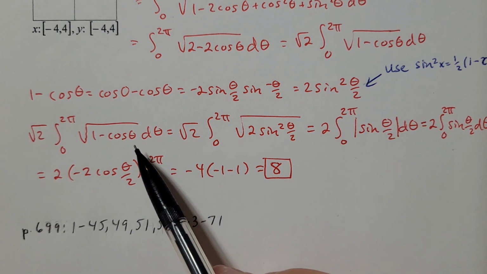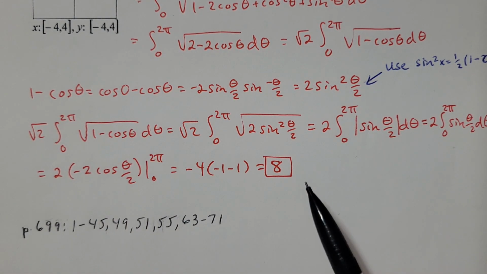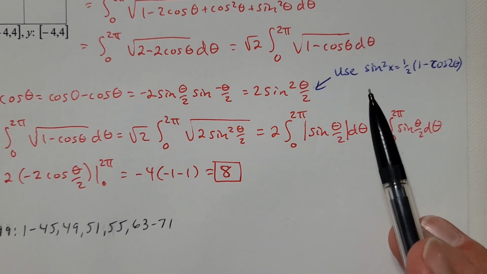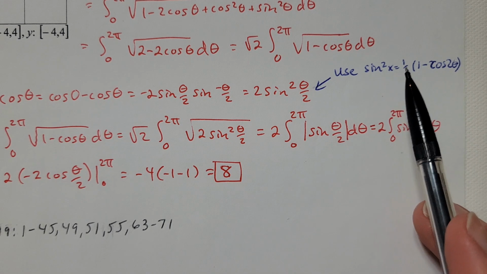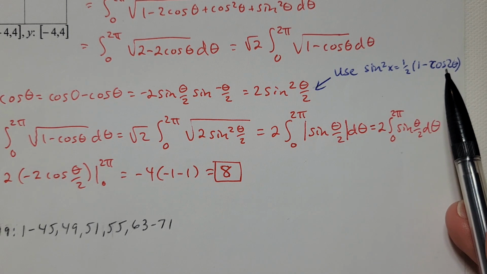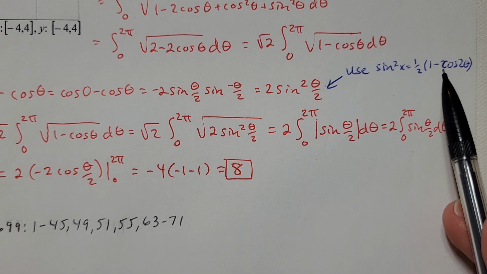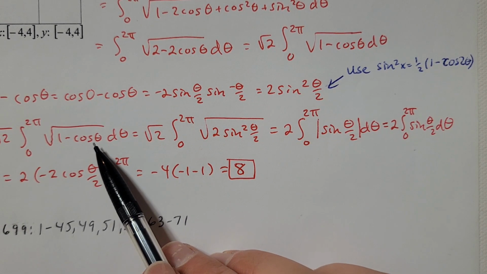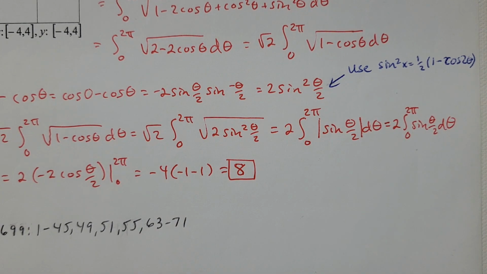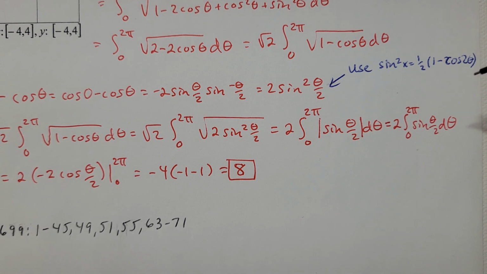Okay? So I'm right here right now. The next thing I'm going to do is use the power formula for sine squared theta. That's 1/2 times 1 minus cosine 2 theta. Now, I don't have a cosine 2 theta, I have a cosine theta. So where I see 2 theta, I'll replace theta with 1/2 theta, because 2 times 1/2 theta is theta, right?